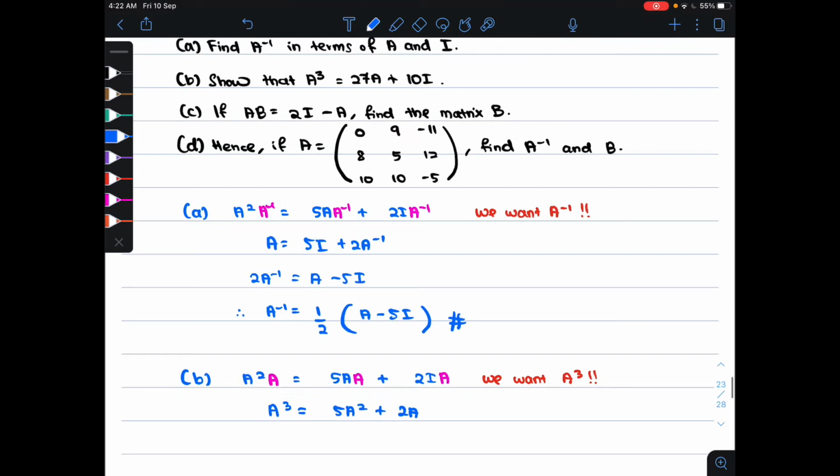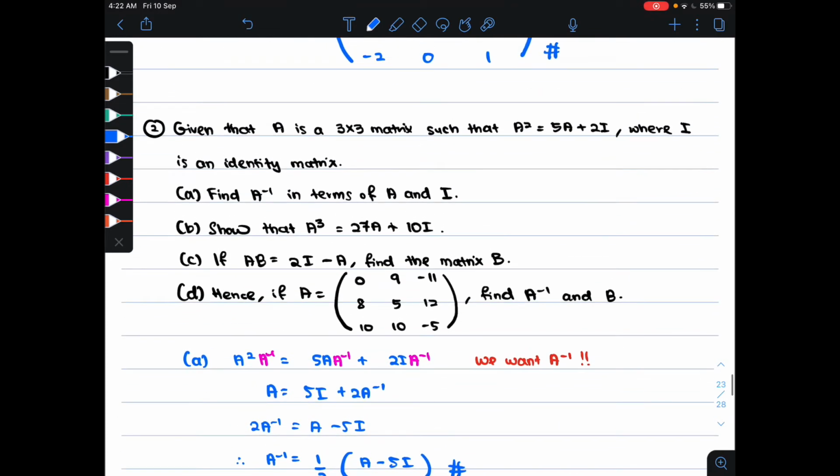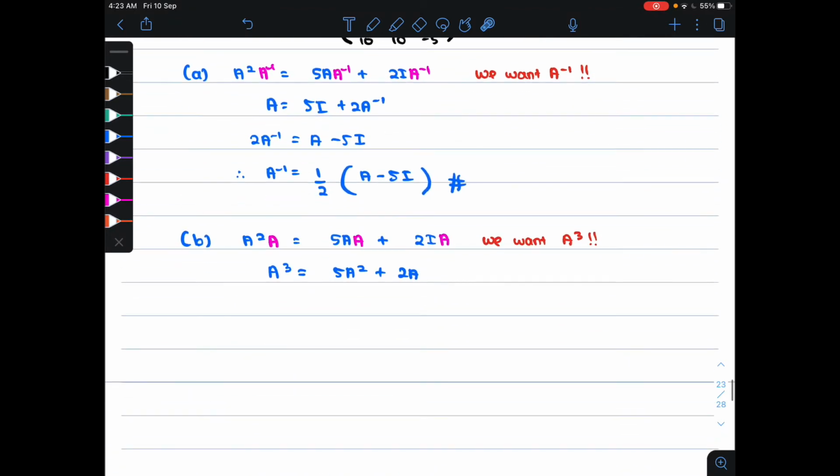Be careful, we already know that A square is equal to 5A plus 2I. So, we're gonna substitute into A square here.